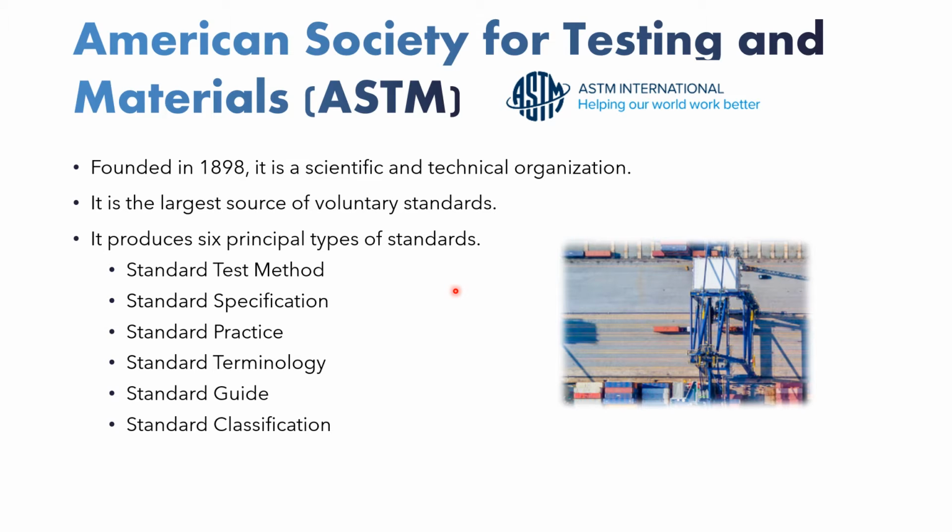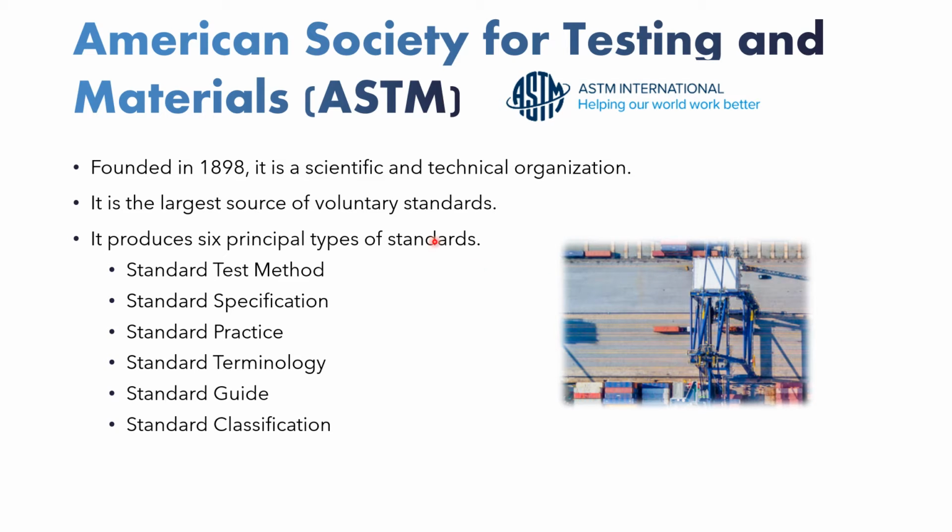Okay, standards. If you think about the United States, we have ASTM, the American Society for Testing Materials, and every time you test the materials, we have to follow something called standards. ASTM was founded in 1898, and it is a scientific and technical organization.